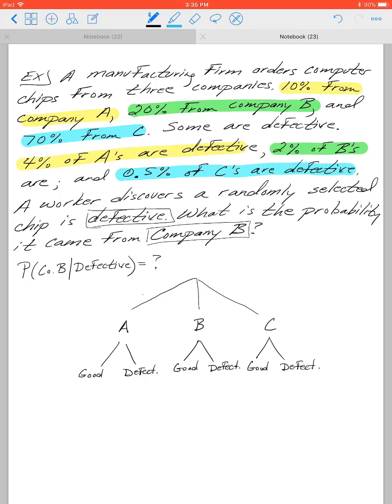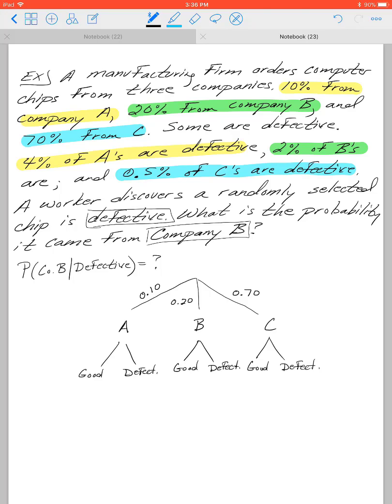The probability of company B is 20%. And company C is 70%. Trees are like my favorite thing, actually. They're so nice because once you start branching things together, the pathways are literally the same as saying the probability of this and this, right? That's why it's so cool that when you label those percentages, you're going to be able to use this thing very efficiently.